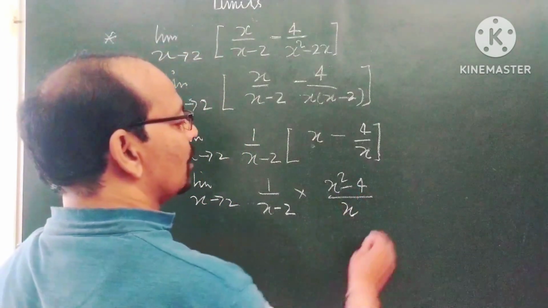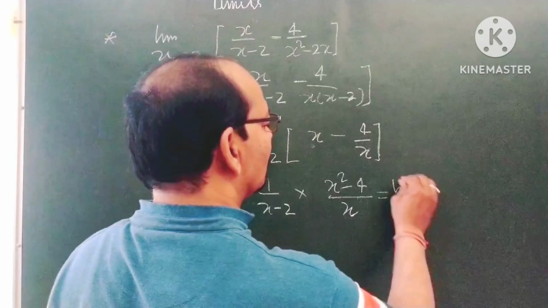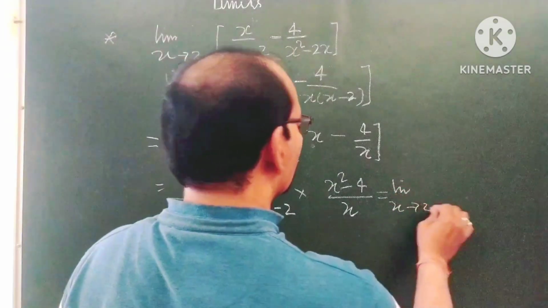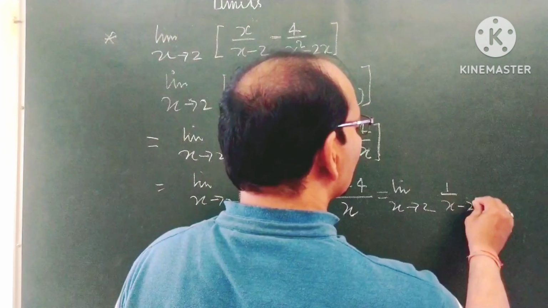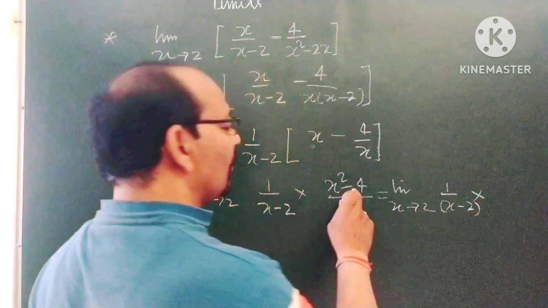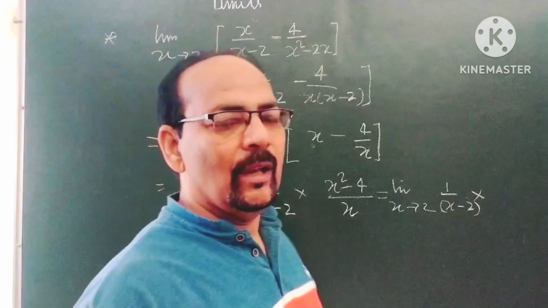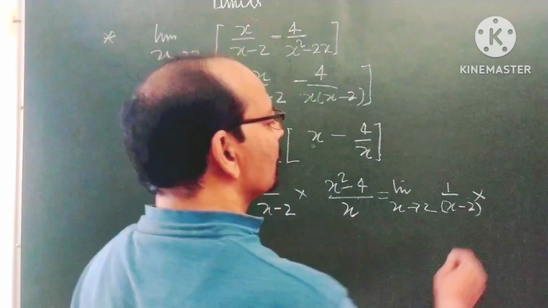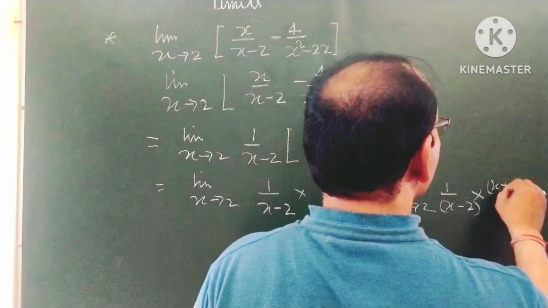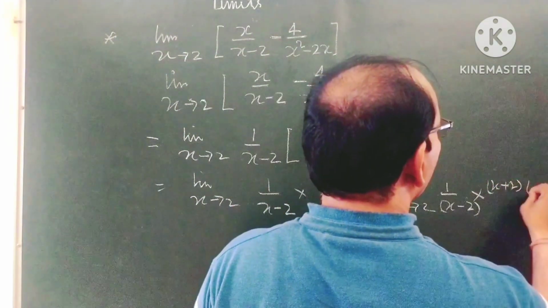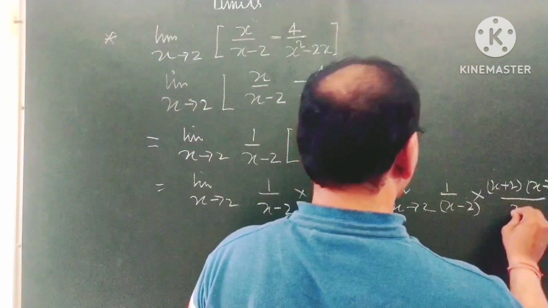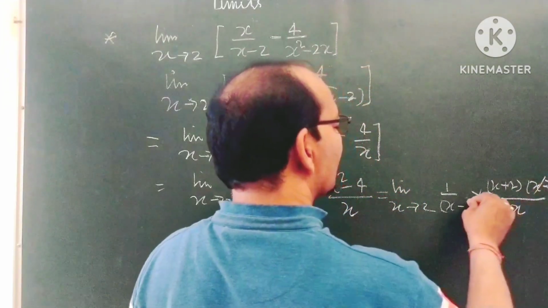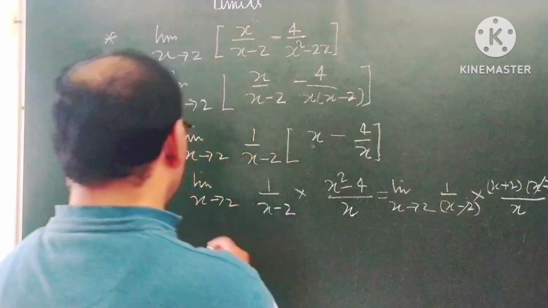Simplify it, it will be limit x tends to 2, x minus 2 into, x square minus 4 will be x plus 2 into x minus 2, upon x. This and this will be cancelled.